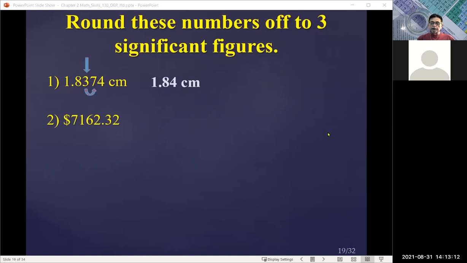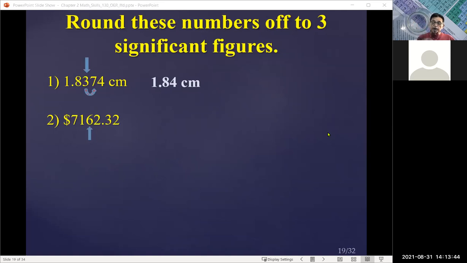Okay. Another number. We're still maintaining the 3rd significant digit position from left to right. That means we're going to truncate it at the 6. Then we look at the neighbor, which is a 2, which means that 6 remains a 6. Also note the magnitude. You are at the $7,000 magnitude. That means that 2, you cannot drop it off.